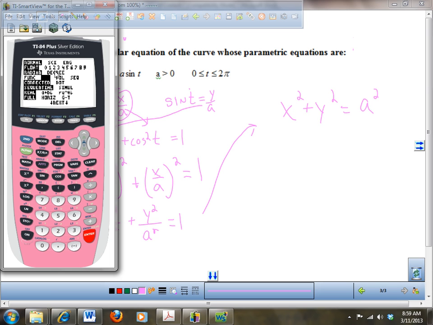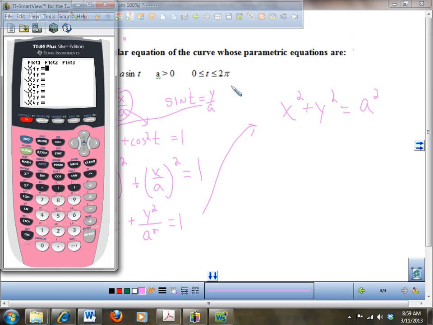So parametric, we're going to be in radian mode. We're going to set this to simultaneous. Okay? And then now we're going to go to y equals. And if you look at y equals, you have an x and a y. So each pair of x and y values is for one parametric equation.